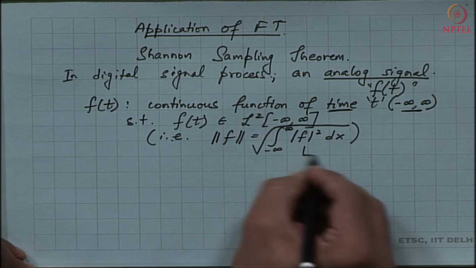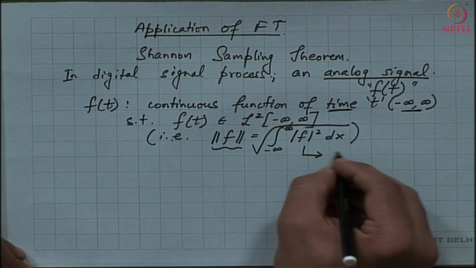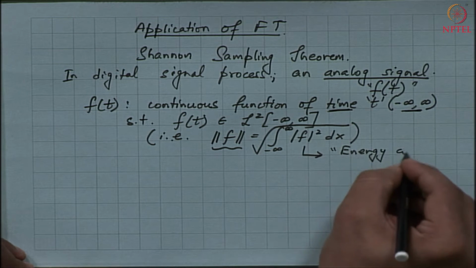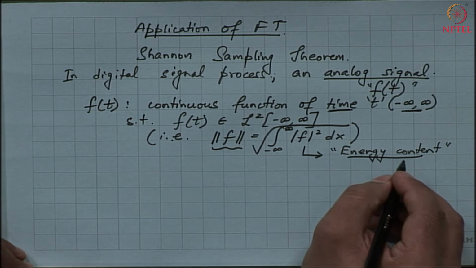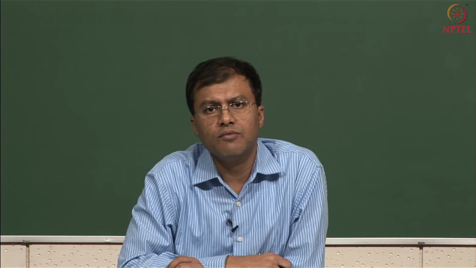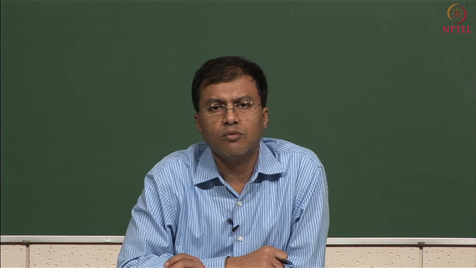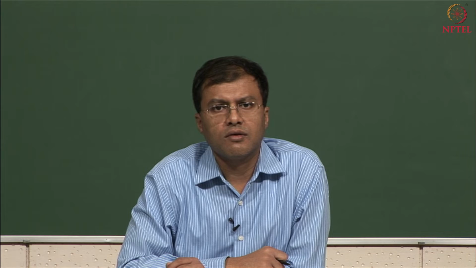Typically in physical applications, this norm denotes the so-called energy content, right. So, what do I mean by that? Suppose you have a wide spectrum, and you are trying to represent your information with this analog signal, and we want to see how much energy, or what the amplitude of this signal is, for all such possible frequencies k.